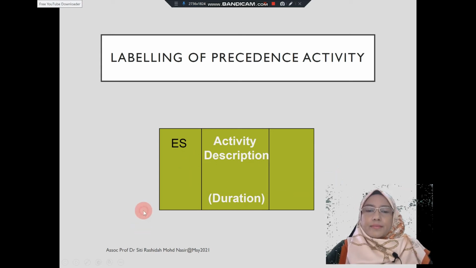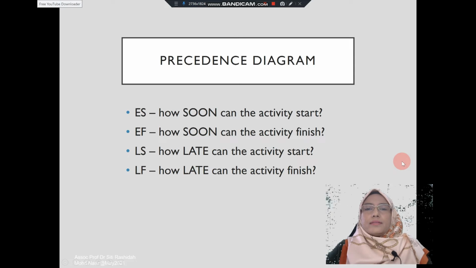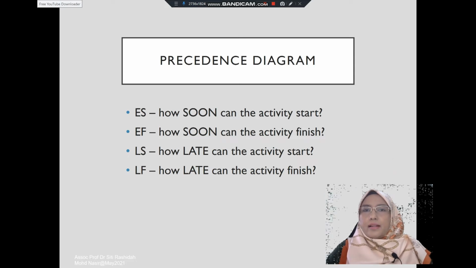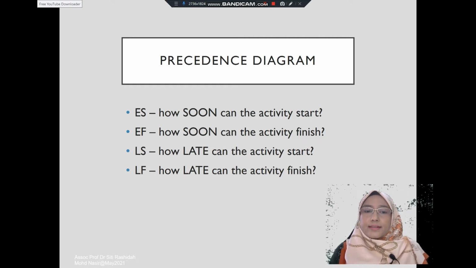It also describes the early start, early finish, late start and late finish for the activity. Similar to what we learned last class, early start is how soon the activity can start. Early finish is how soon the activity can finish. Late start is how late the activity can start, while late finish is how late the activity can finish.